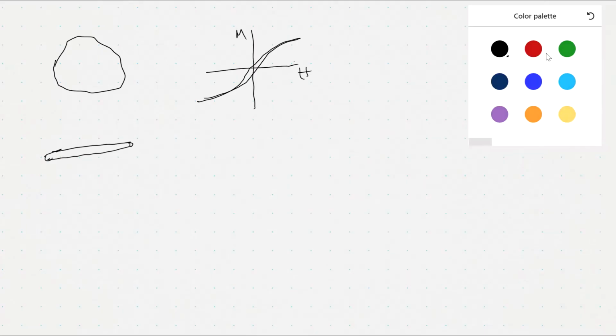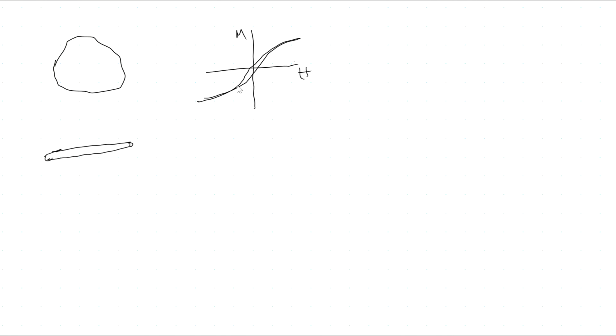One might have a hysteresis curve that looks like this, where this is H and this is M, and the other one, let me choose a different color, will have a hysteresis curve that looks like this. So it might be very different, and it might depend on the shape of the material.